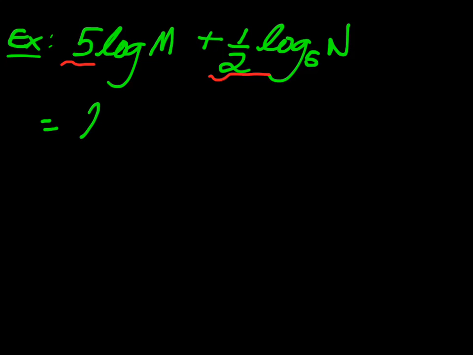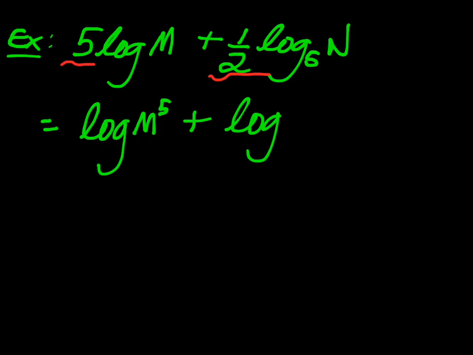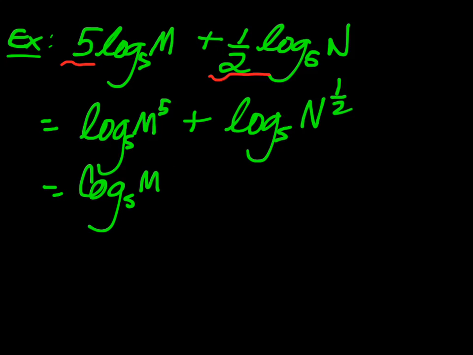I'll write this as log of m to the 5 plus log. I have a base on this one and no base on that one, so I'm just going to put base 5 on both. Then log base 5 of n to the 1/2. We know 1/2 is square root, so I'll do that in the next step: log base 5 of m to the 5 plus log base 5 of square root of n.